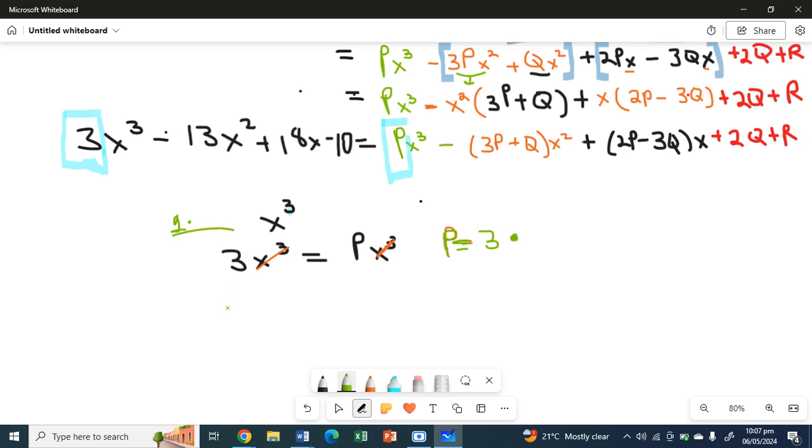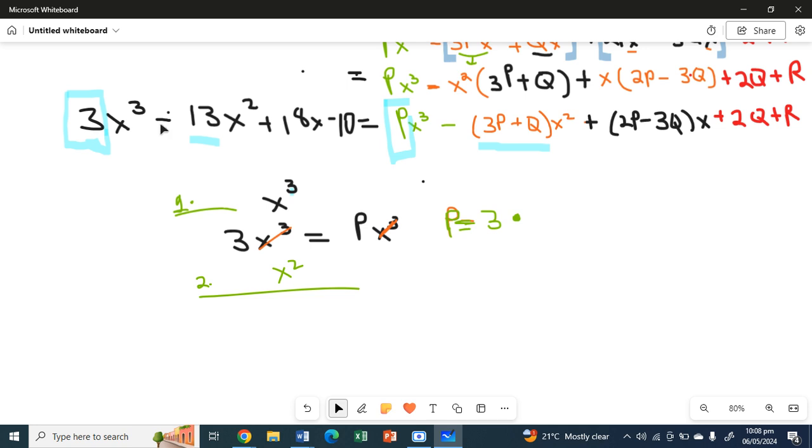Next we're going to look at the coefficients of x squared. We look at both sides of the equation. On the right hand side, the coefficient of x squared is 13. And on the other side, the coefficient of x squared is 3p plus q. Oh, and let's not forget the negative sign.